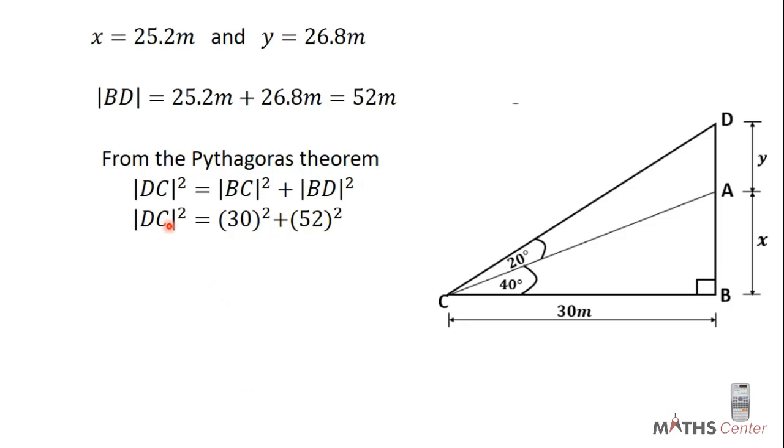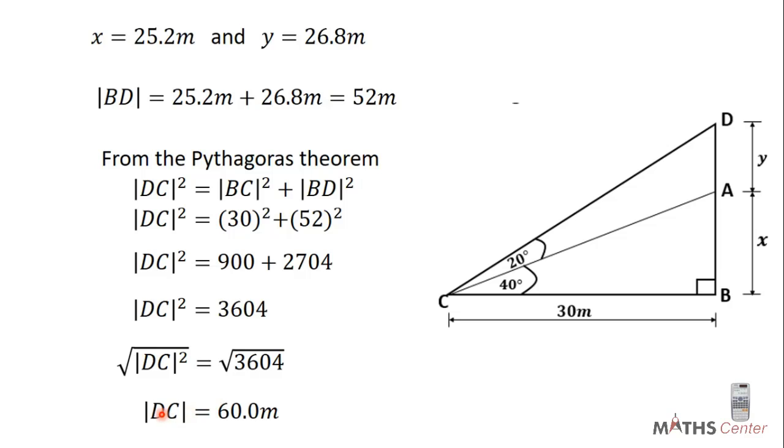We will have DC squared is equal to 30 squared is 900, 52 squared is 2704. We add this, you are going to have DC squared is equal to 3604. You take square root of both sides. Correct your answer to 3 significant figures, and DC is equal to 60.0 meters. So using the Pythagoras theorem and the trigonometric ratios, we have been able to find x, y, and the length DC.